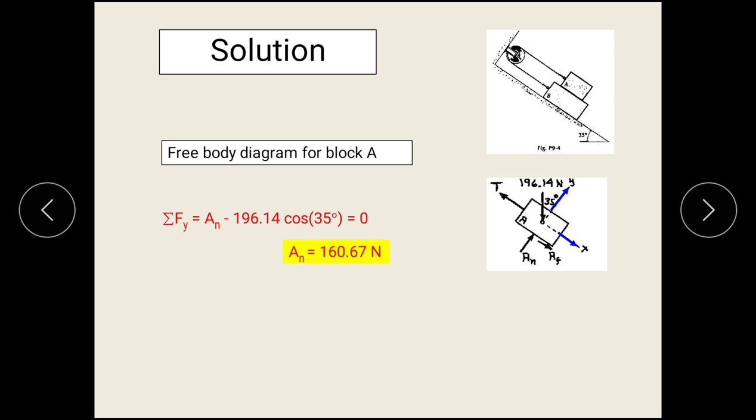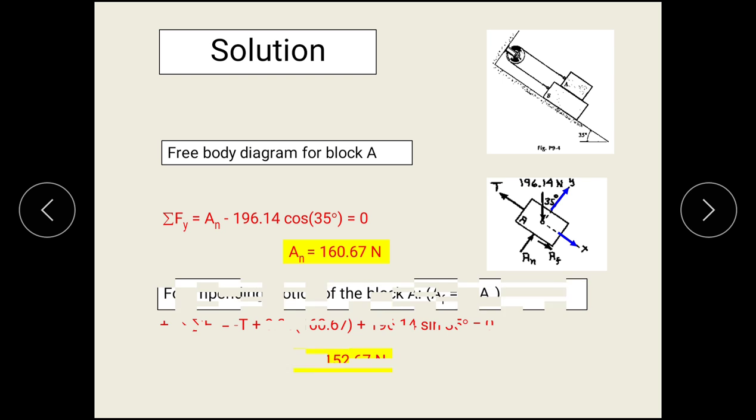Again that is resolved into the vertical component, so the self weight of the body is resolved into vertical and horizontal forces, so that is converted into 196.14 cos 35. That will give you the reaction force at block A as 160.67 Newton.